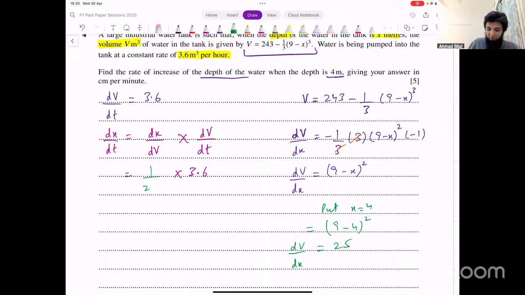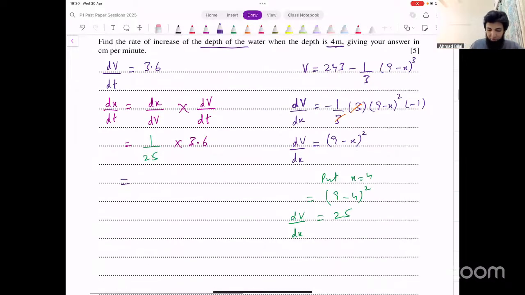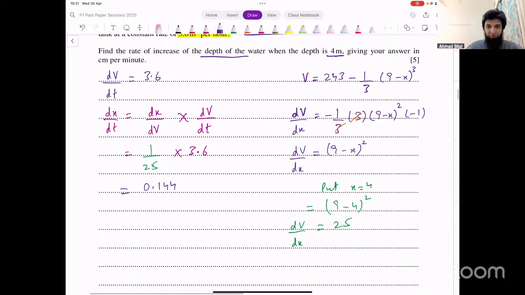So that's 1 over 25 times 3.6. What do we get from this? 0.144. Is that exact? Okay, so I'm assuming that's exact then.